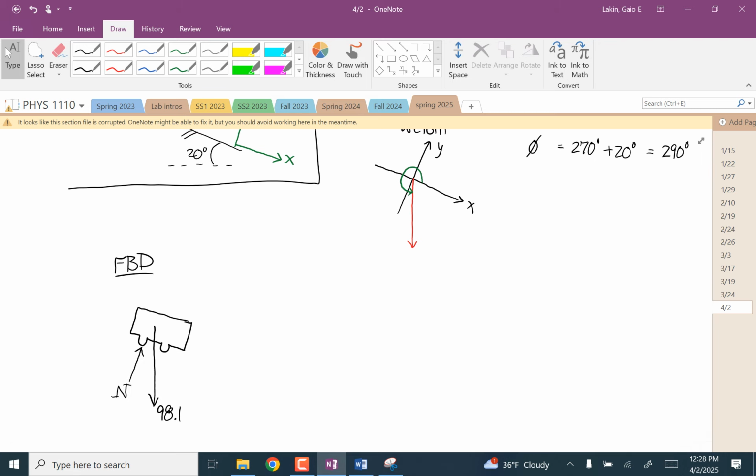And so now we can go to Newton's second law. The normal force always shows up as 0, n. That n is always in the direction of the positive y-axis.